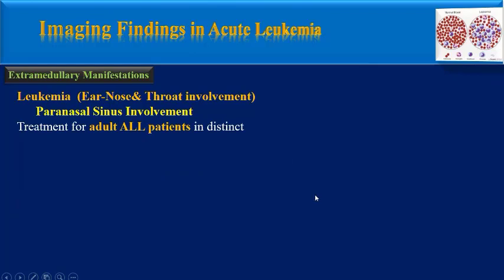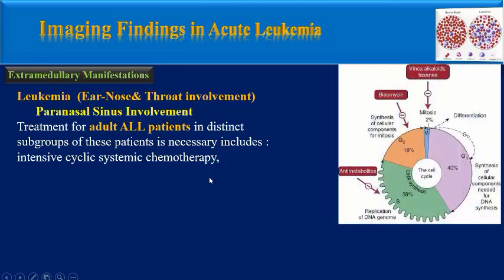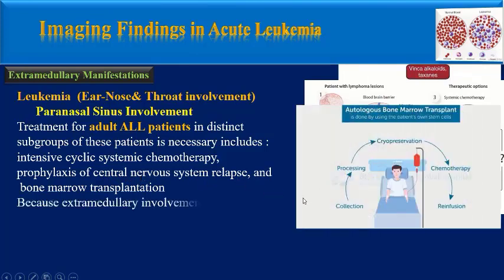Treatment for adult acute lymphocytic leukemia patients in distinct subgroups includes intensive cyclic systemic chemotherapy, prophylaxis of central nervous system relapse, and bone marrow transplantation.